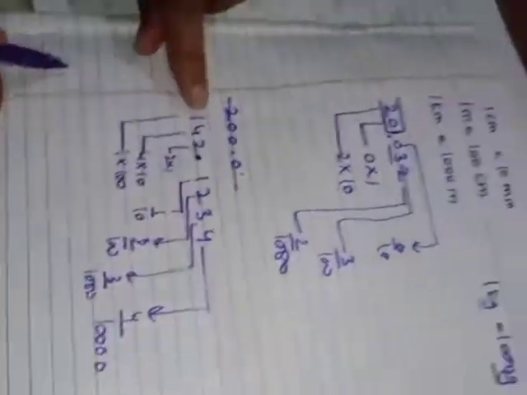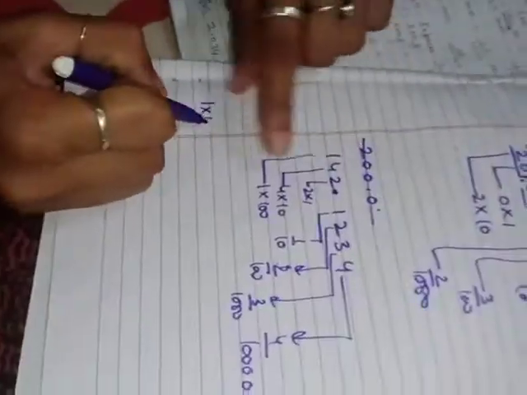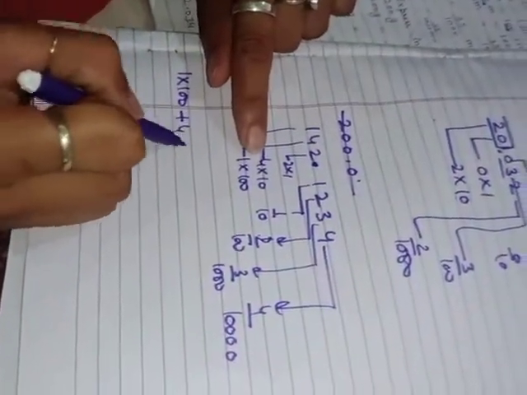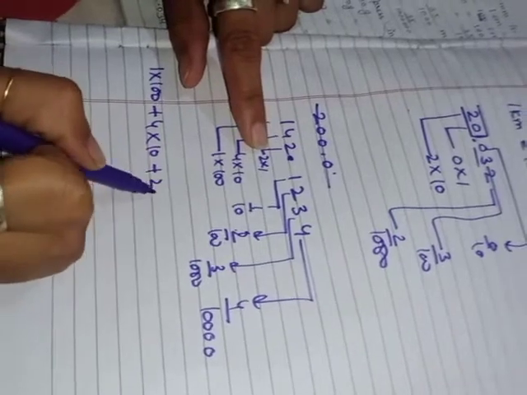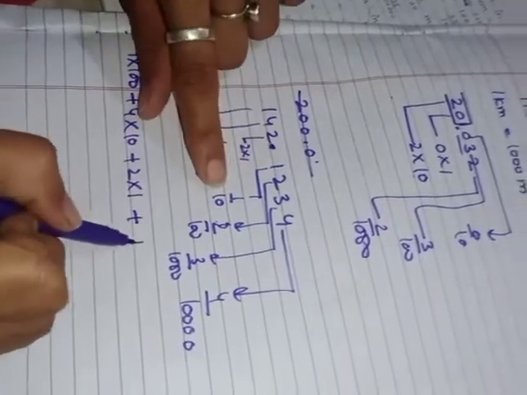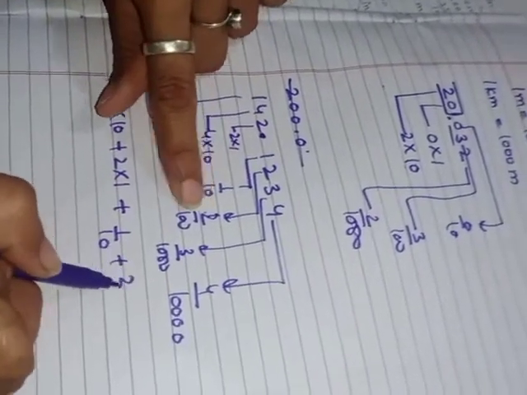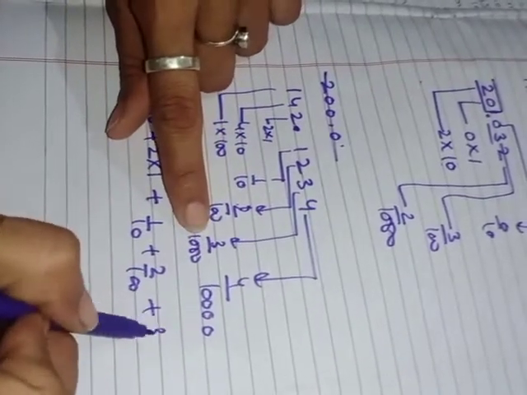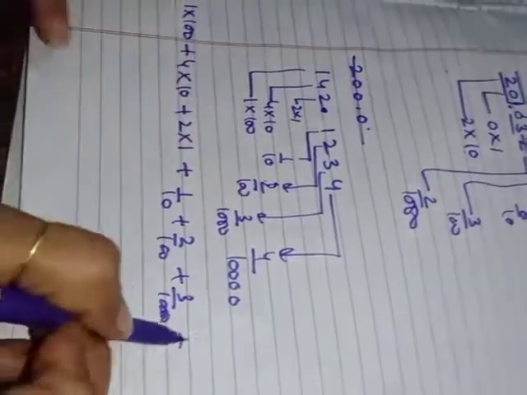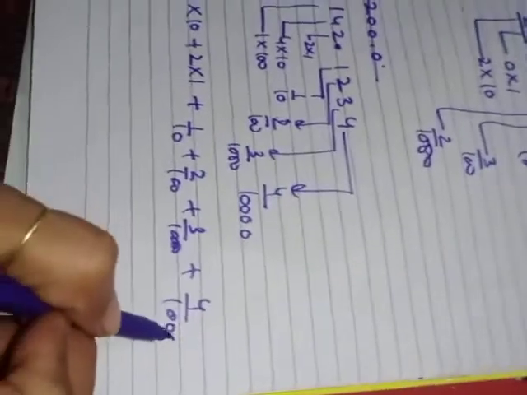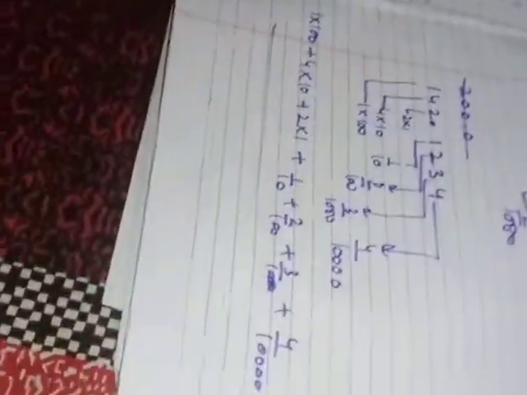Then how will you express it? 1 multiply 100 plus 4 multiply 10 plus 2 multiply 1 plus 1 by 10 plus 2 by 100 plus 3 by 1000 plus 4 by 10,000. So that is the method to express it into an expanded form. So same pattern is followed there.